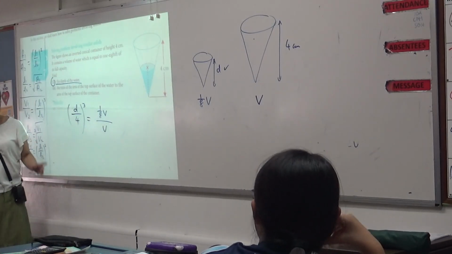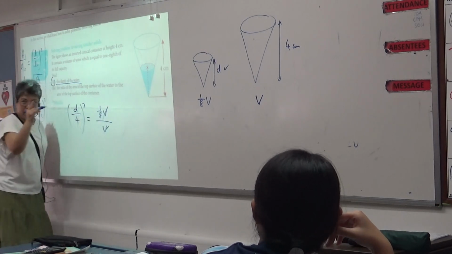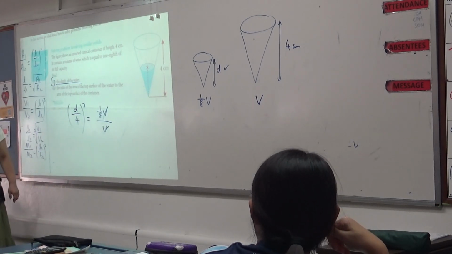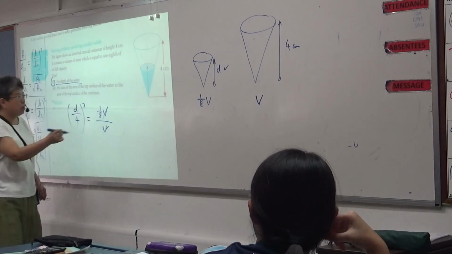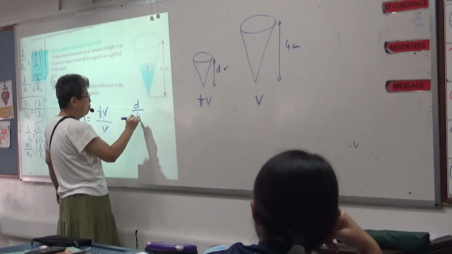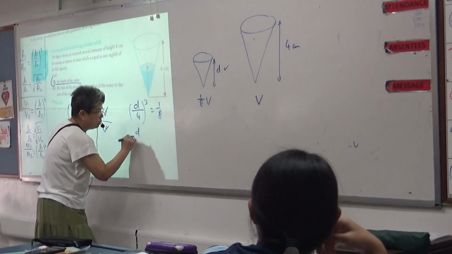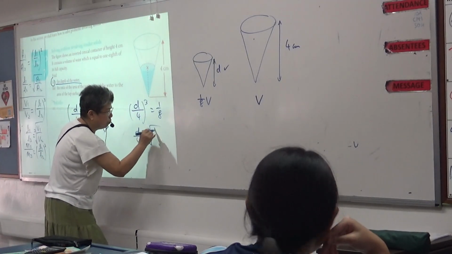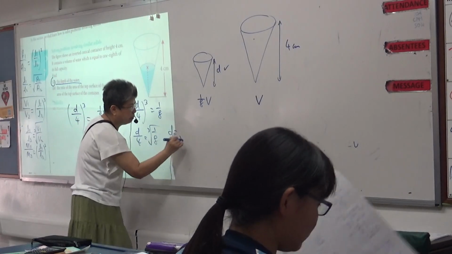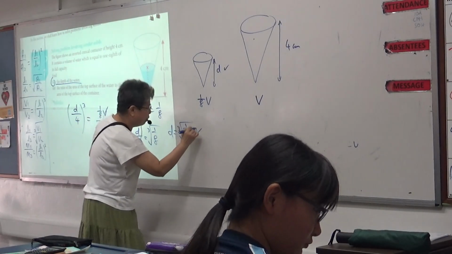Can you see this B and this B will cancel off? Because it's volume, right? Okay, so I will have D over 4 cubed equals 1/8. So D over 4 will be cube root of 1/8. Cube root of 1/8 times 4.